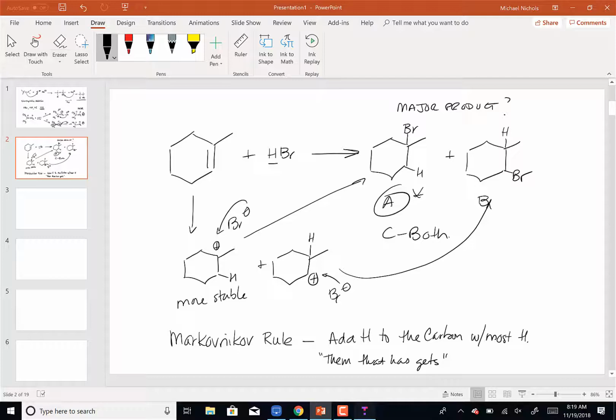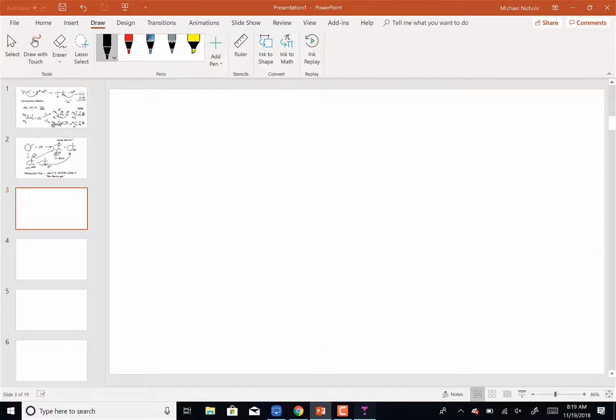And the more stable carbocation gives the major product. Now, if you have carbocations of equal stability, that means that the reaction is 50-50. So, for instance, if I took this molecule and I just changed it a little bit and maybe put a methyl and an ethyl group there and said, now let's go ahead and add HBr to this one.